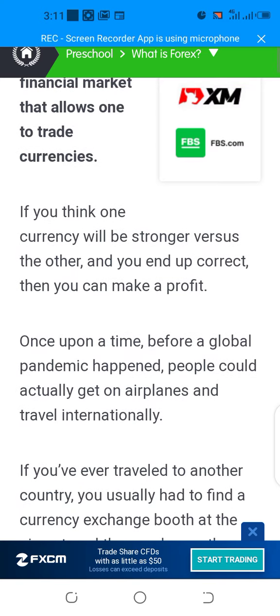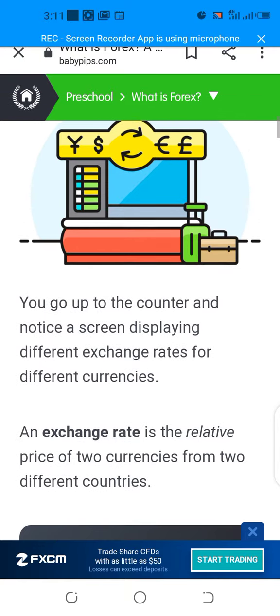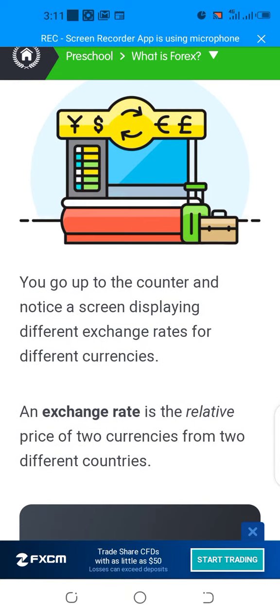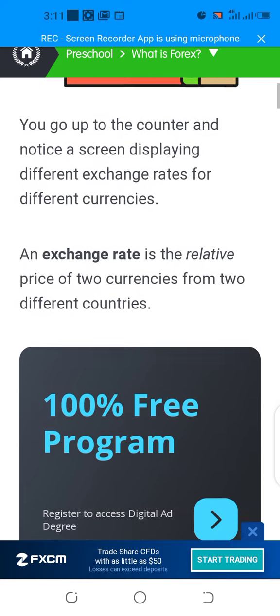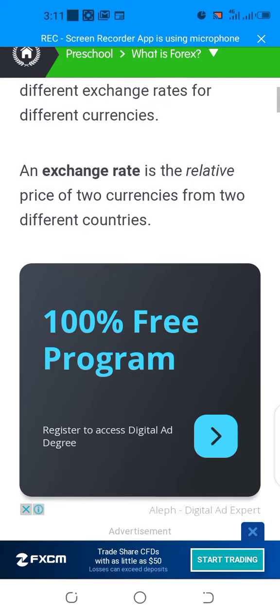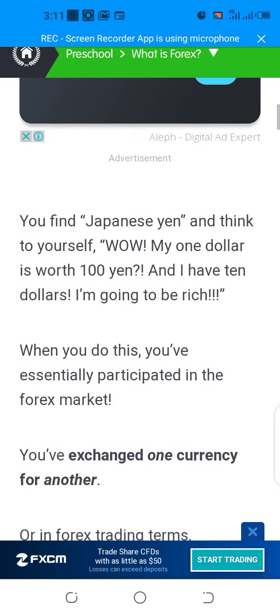The price of a currency, say yen, is a direct reflection of what the market thinks about the current and future health of their economy. So when you buy yen, for example, you are basically buying a share in the Japanese economy.